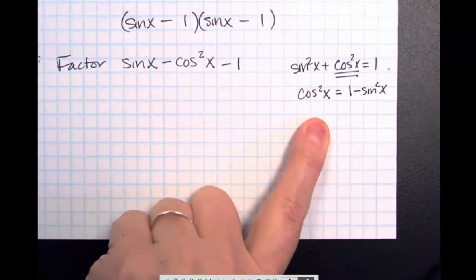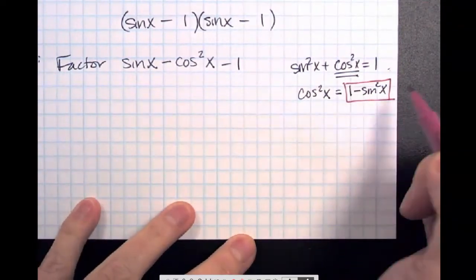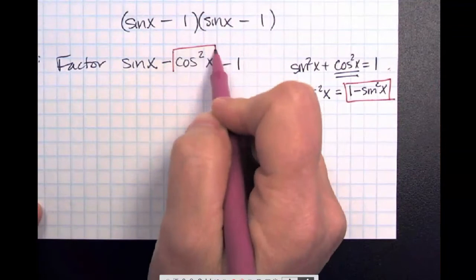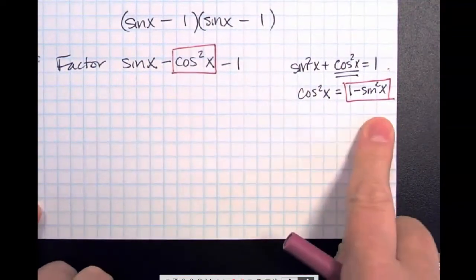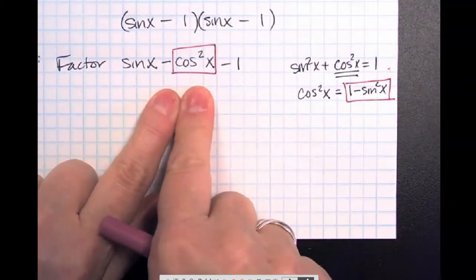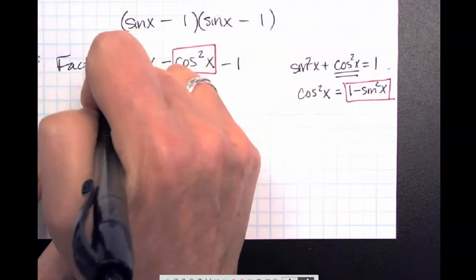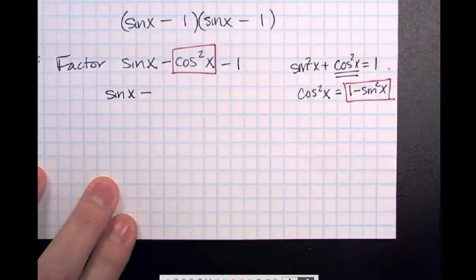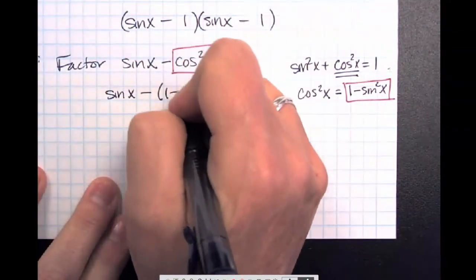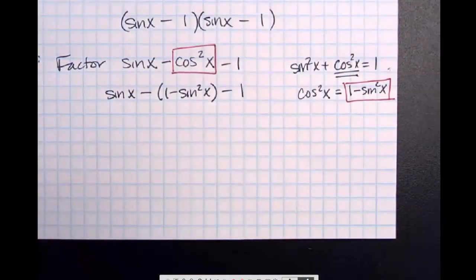Okay, now I'm going to take this right here and sub it in for that. If cosine squared equals that, then I can replace cosine squared with that. So what this becomes is sine x minus, put this stuff in its place, minus 1.